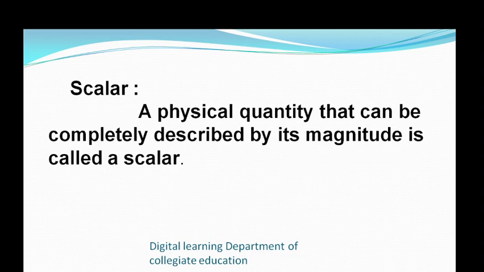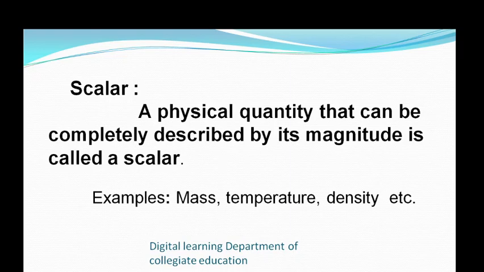Next, we shall discuss the topic scalar. A scalar is a physical quantity which is completely described by its magnitude. A quantity which is completely described by a magnitude is called a scalar quantity.